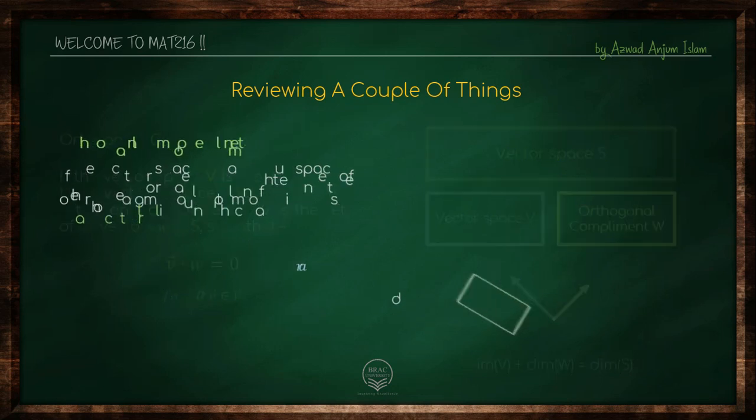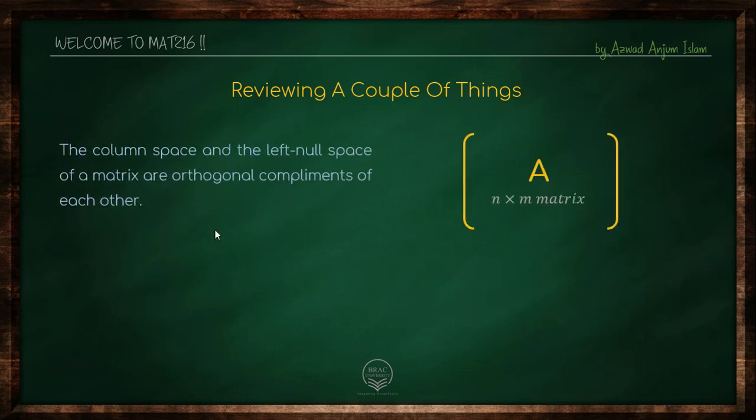The second thing I need you to remember is the column space of a matrix. If you remember from week 7, there are 4 fundamental subspaces: the column space, the row space, the null space, and the left null space, which is basically the null space of the transpose matrix. All right, so the column space of a matrix and the left null space of that same matrix are orthogonal complements of each other.